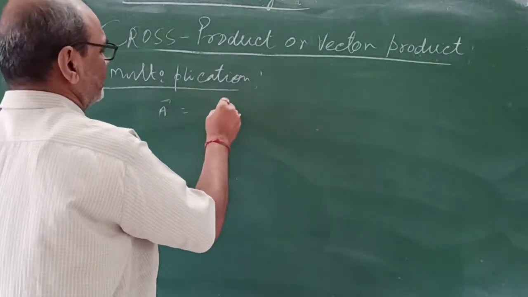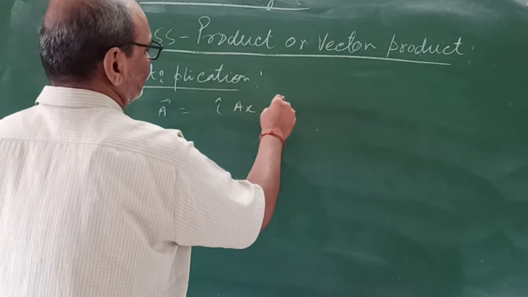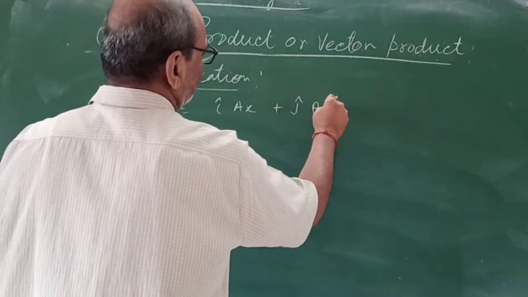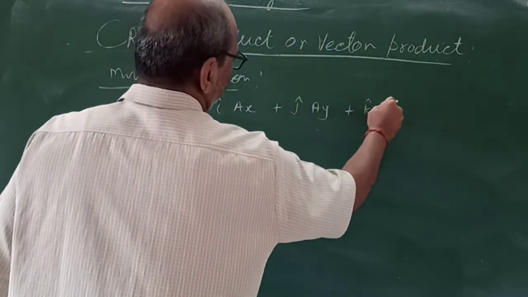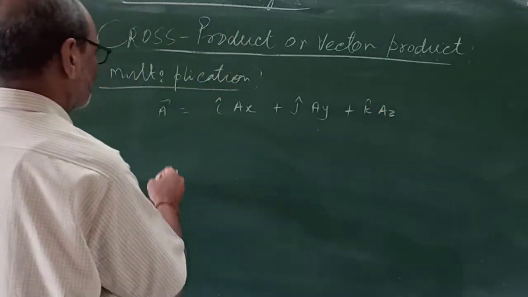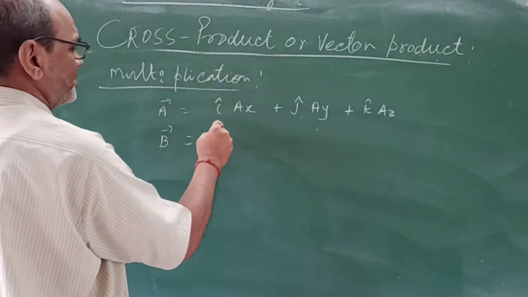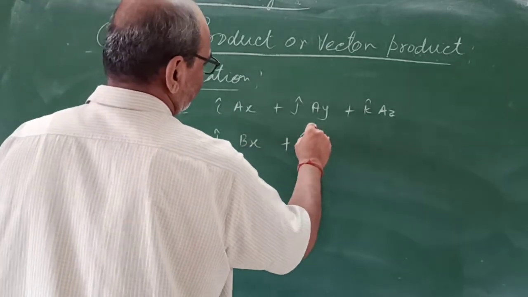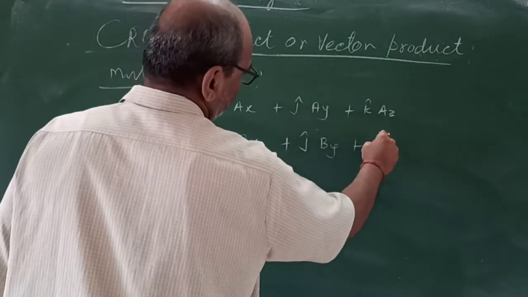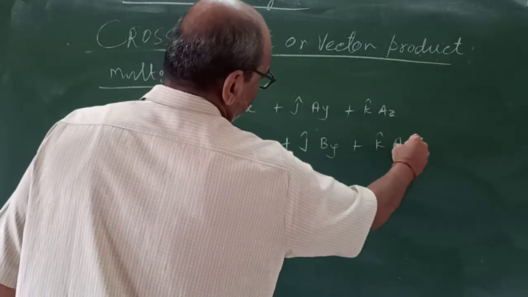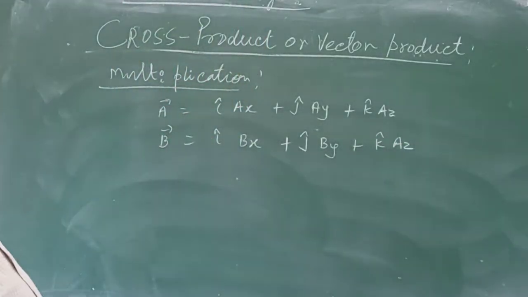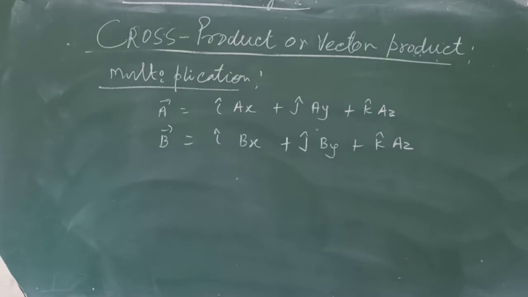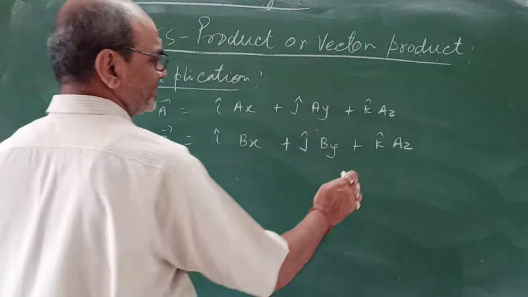Vector A is i ax plus j ay plus k az. Vector B is i cap bx plus j cap by plus k cap bz, not az.